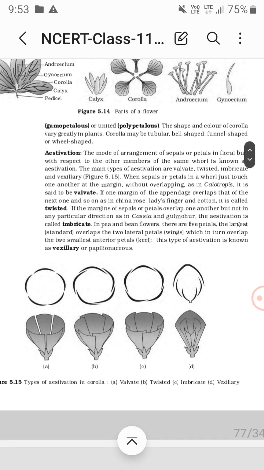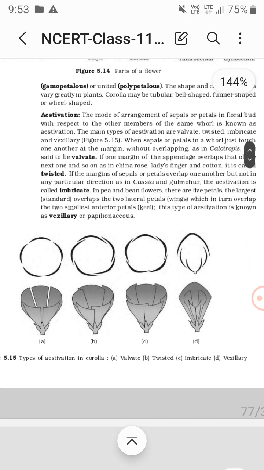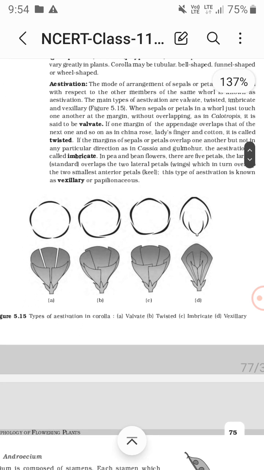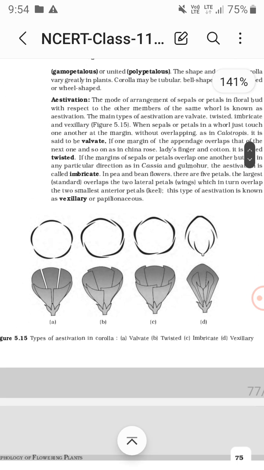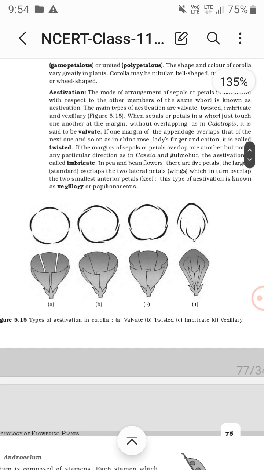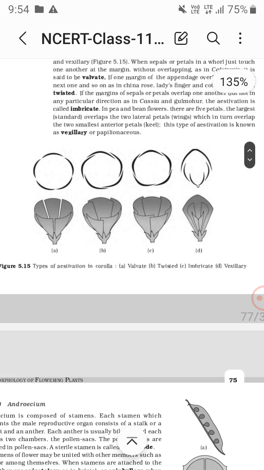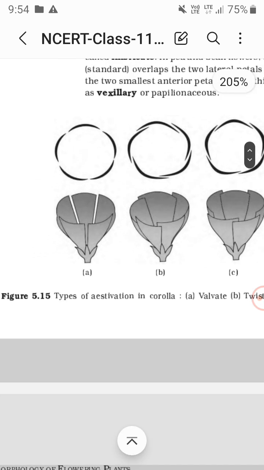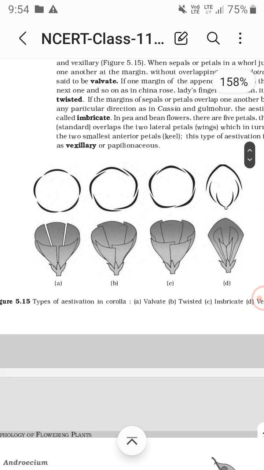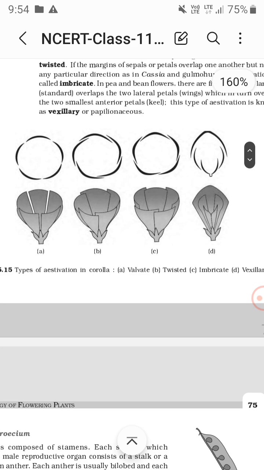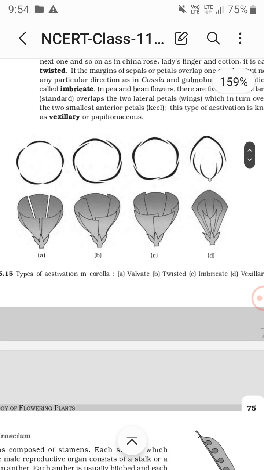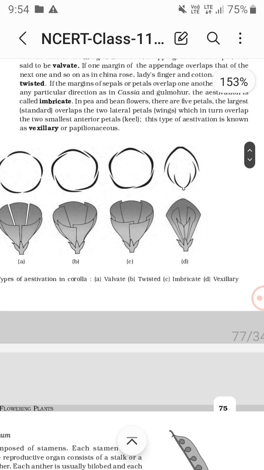There is aestivation, that is valvate, twisted, imbricate, vexillary or papilionaceous aestivation. So types of aestivation in corolla: valvate, twisted, imbricate, vexillary. You see in the first diagram it is valvate, then twisted, then not in direction, that is imbricate, then vexillary.